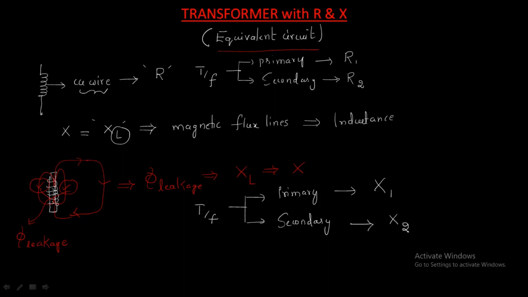The secondary winding has the secondary leakage reactance represented with X2. So this is about the resistance and reactance of both the primary winding and the secondary winding, because the transformer has two windings.